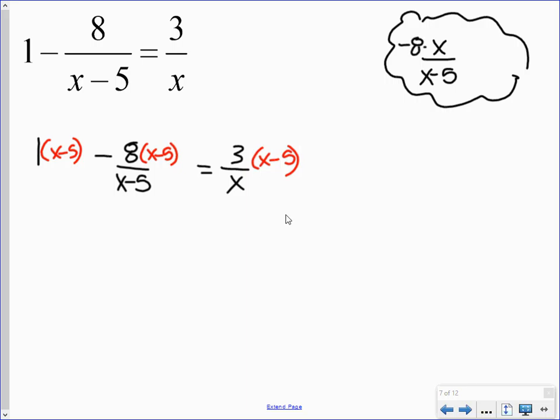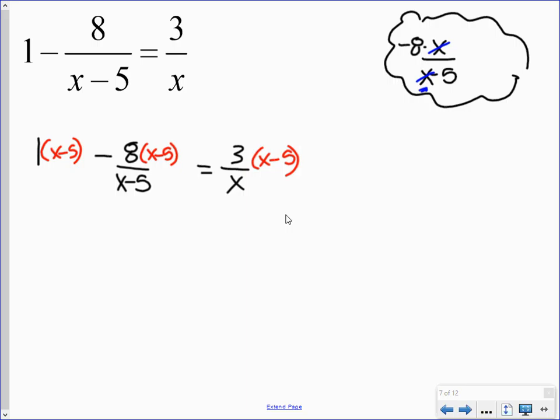No, so if you were going to cancel out these x's right here, that's what I would call getting cancel happy. Why are you not allowed to cancel that x? It's not a factor, it's a term in a factor, right? This x in the denominator has a plus or minus right after it.